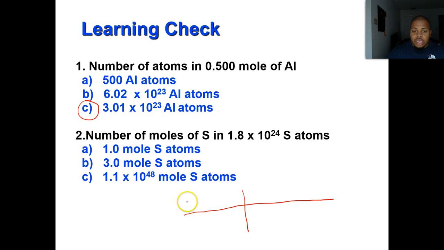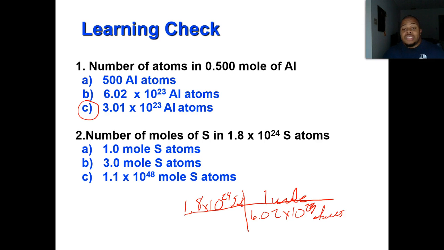If I have 1.8 times 10 to the 24th sulfur atoms, that means to get rid of atoms, just like we did before, atoms has to go to the bottom. So I'm going to have 6.02 times 10 to the 23rd atoms, and 1 mole. Now, that means I'm just going to be dividing these 2 values. Once I've done that, I'll come out with my value.